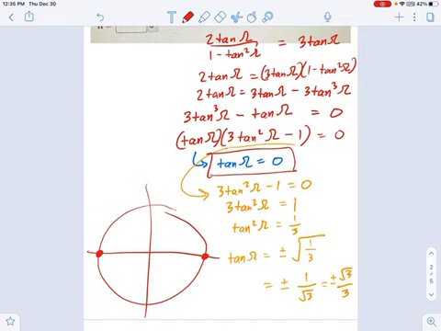And what else do we have? We have tangent equals plus or minus radical 3 over 3. Well, radical 3 over 3, or 1 over radical 3, are these shallow angles. Okay, in here. So this is the picture we've got. We've got 6 angles as part of this solution. Omega equals, and we just start going through the list. 0 and pi were the easy ones.